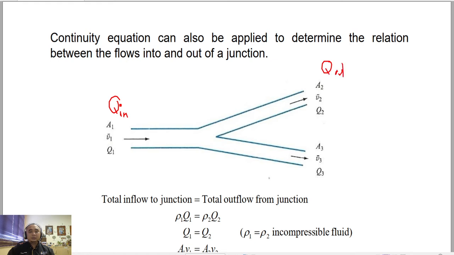Meaning that Q in, which is Q1, samalah juga dengan Q2 yang kat sini tambahkan dengan Q3. So ini adalah continuity equation. Sebab continuity equation dia kata Q in is equal to Q out. Jadi Q3 dan Q2 ni adalah Q keluar. Ni Q1 ini adalah Q masuk. Jadi Q masuk, Q1 sama juga dengan total Q keluar, which is Q2 plus Q3.